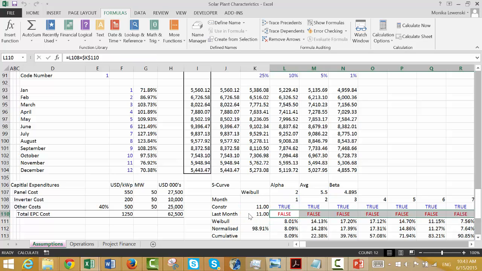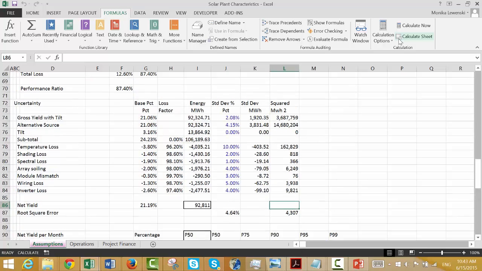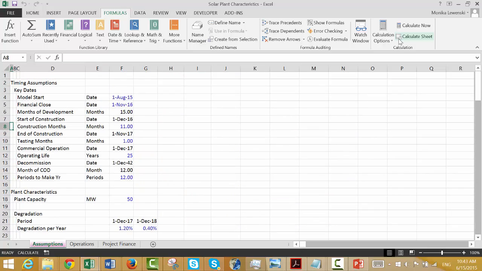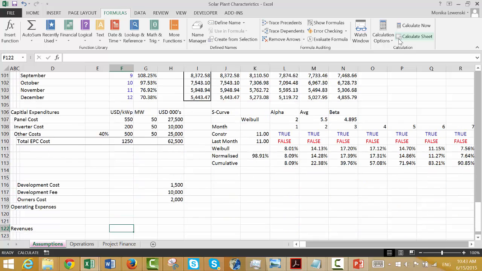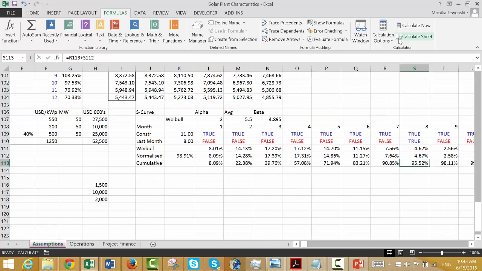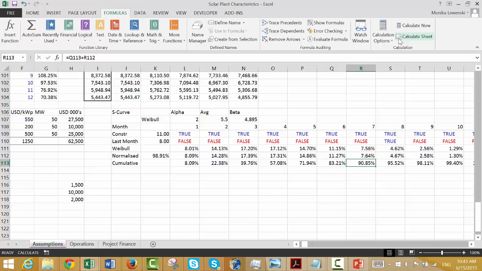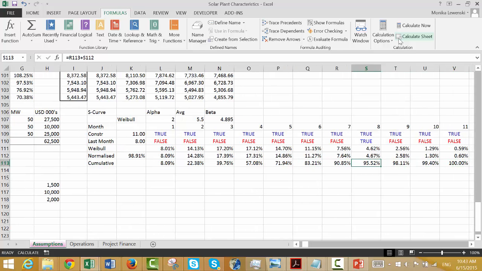Shift Control R. Now let's assume that we have a shorter construction period. So let's say we have 8 months of construction. Now if we do this, when we get to 8 months, for the very last period we need to make an adjustment and put the whole additional 5% into the adjustment.